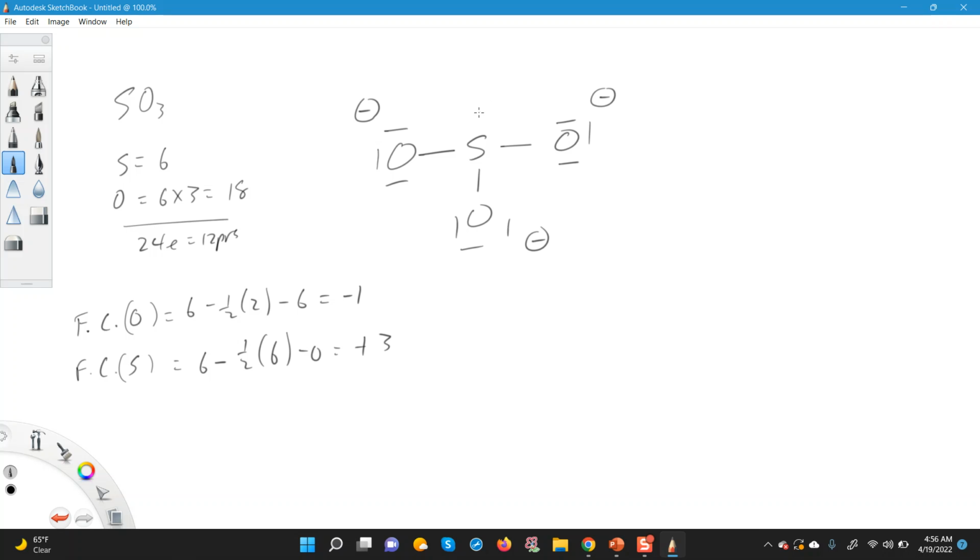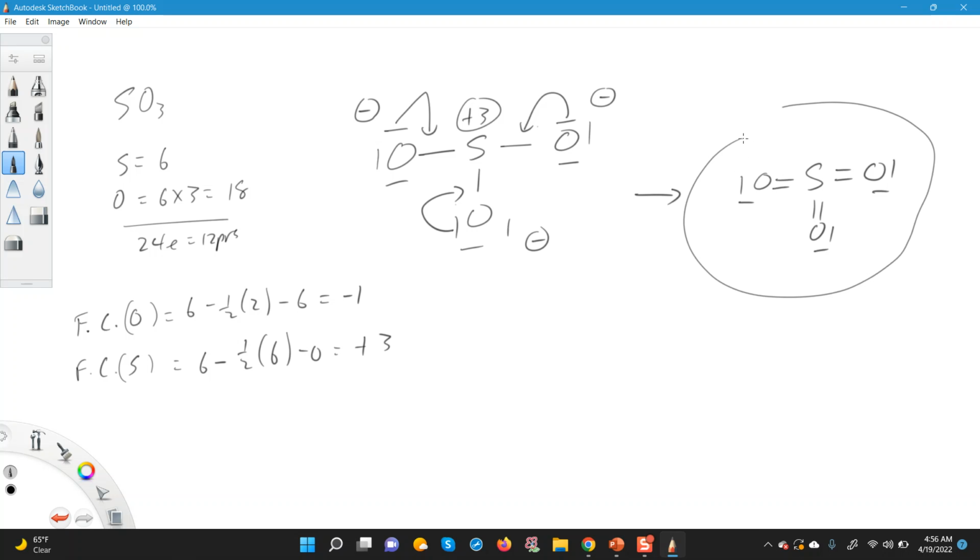The sulfur has a plus 3 charge. So in this case, the 3 negative charges will cancel out the 3 plus charges by the movement of the electron pairs as shown, and this would be the final answer right here. All right, so that's how that one is done.